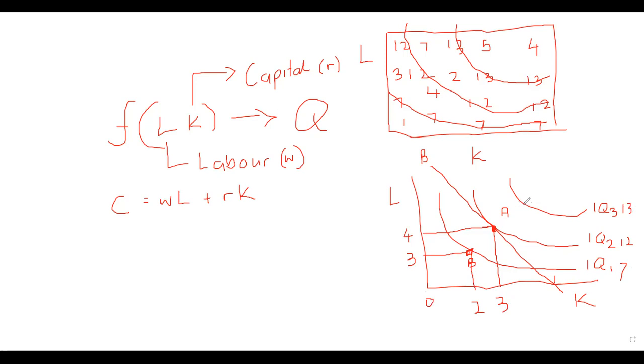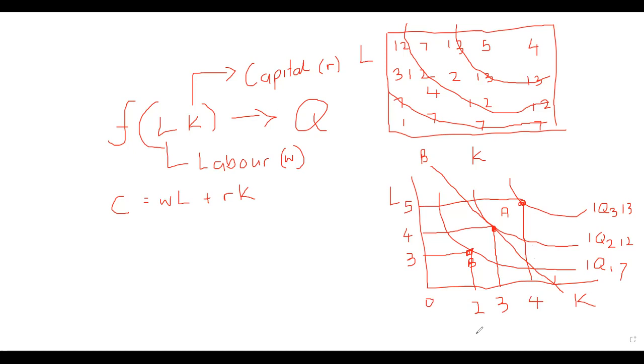And at point C, you'll be producing 13 units of production with 5 laborers and 4 units of capital. Now the figures I'm putting are just arbitrary.